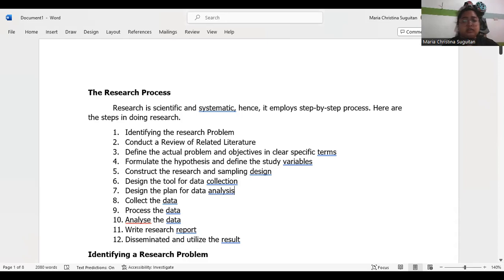So on the first phase 1 and phase 2, we will tackle: identify the research problem, conduct an RRL or the review of related literature, define the actual problem and objectives in clear, specific terms, formulate the hypothesis and define the study variables, and then construct the research and sampling design, the tool for data collection, design the plan for data analysis, then collect the data, process the data, analyze the data, write the research report and disseminate it, and utilize the result.